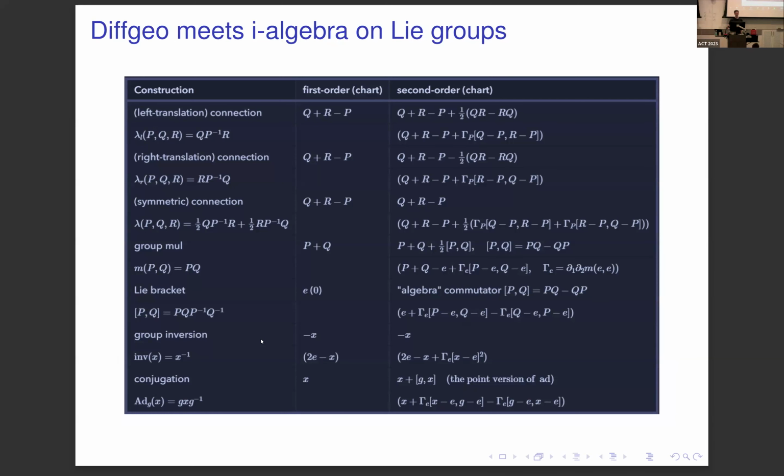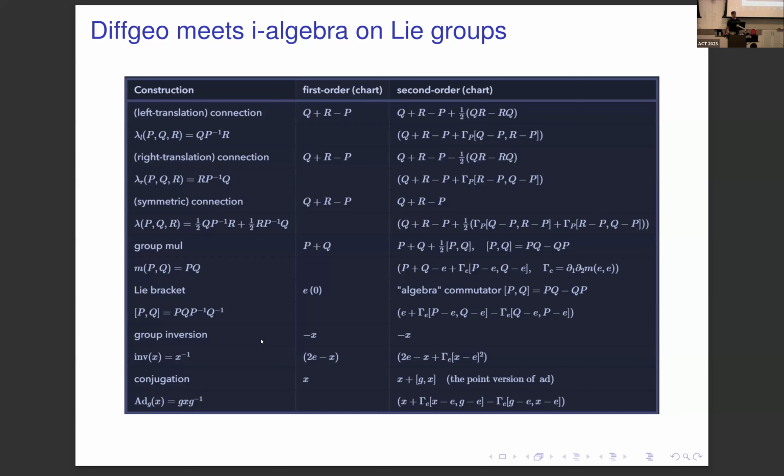Then there is how that looks in the first order and second order structure, and if there is a chart, this is how it would look in a chart, because a Lie group is a manifold, so it's a group object in the category of manifolds. I only focus on a few of them which are interesting.